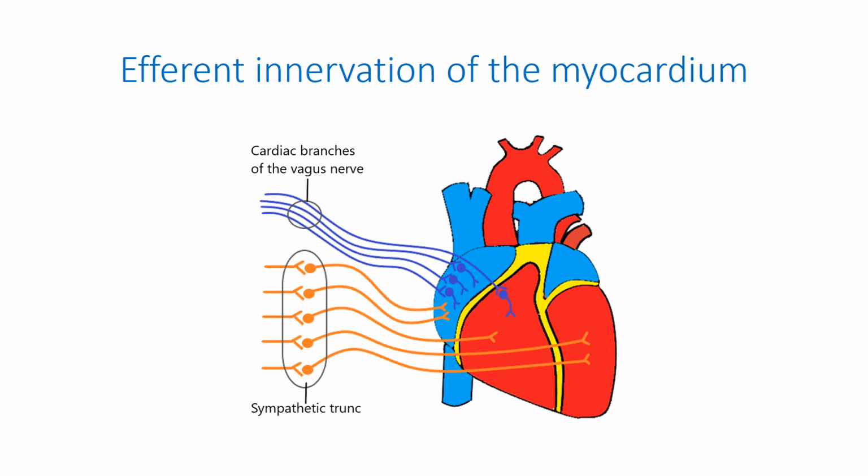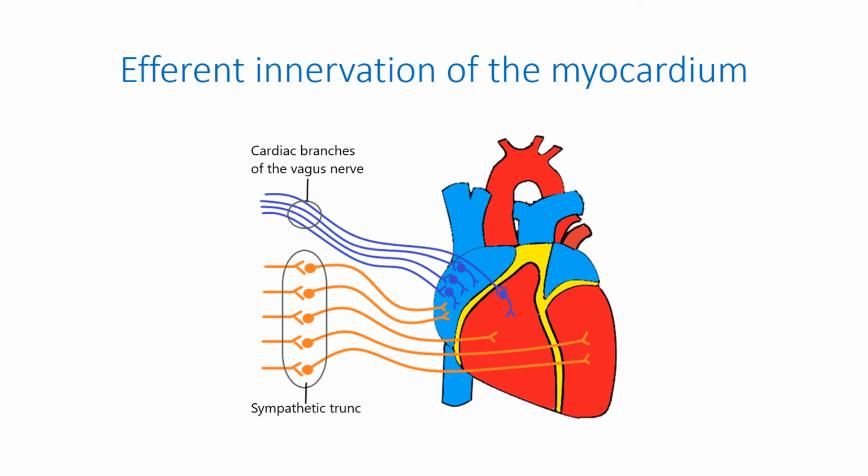The preganglionic sympathetic fibers arise from T1 to T4 segments and partly from the T5 segment of the spinal cord. They reach cervical and upper thoracic ganglia, synapsing with postganglionic neurons, whose axons reach the cardiac plexus, innervating cardiomyocytes in the atria and ventricles.